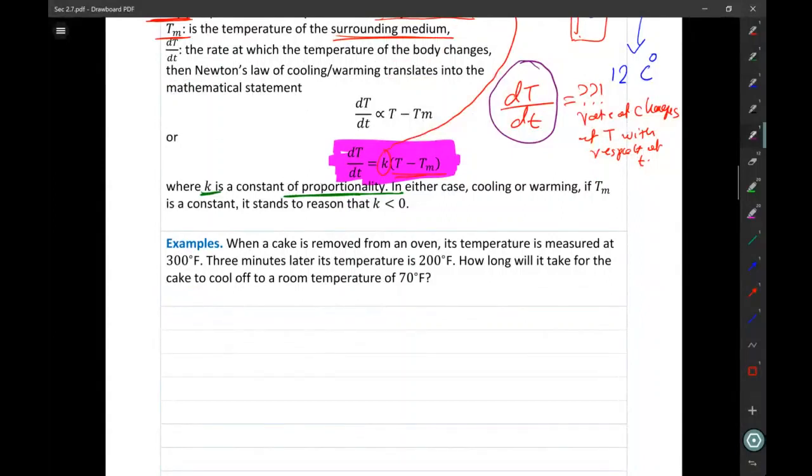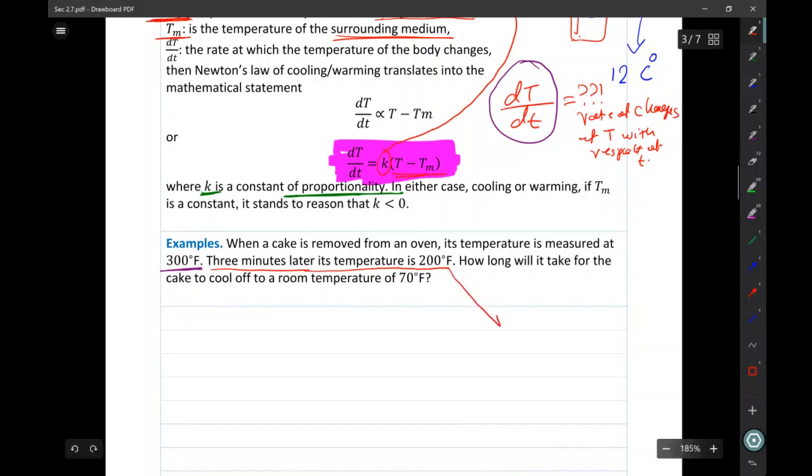The example says, you have a cake removed from an oven. The temperature inside the oven was high. Its temperature is measured at 300 Fahrenheit degrees. Three minutes later, its temperature becomes 200 Fahrenheit.